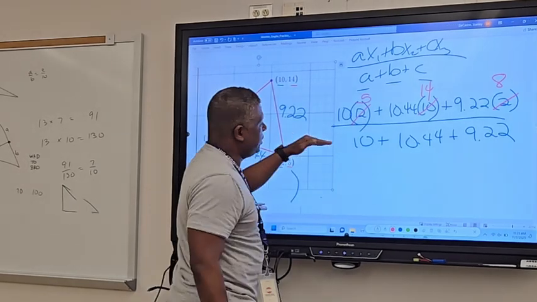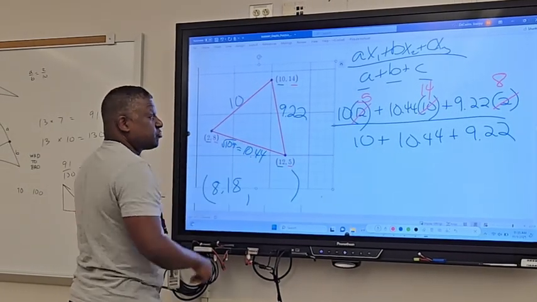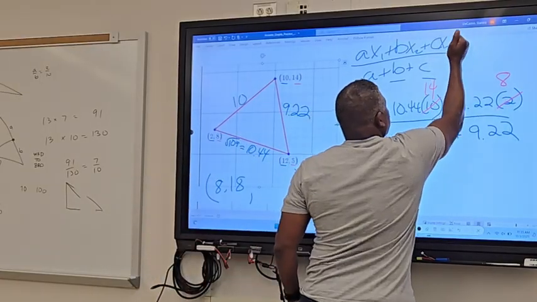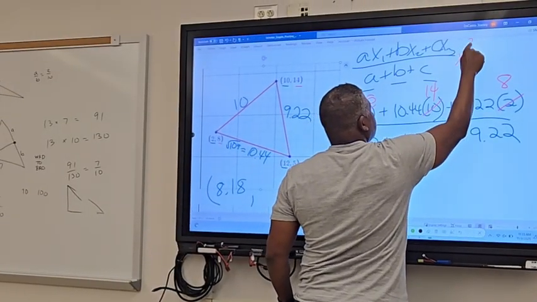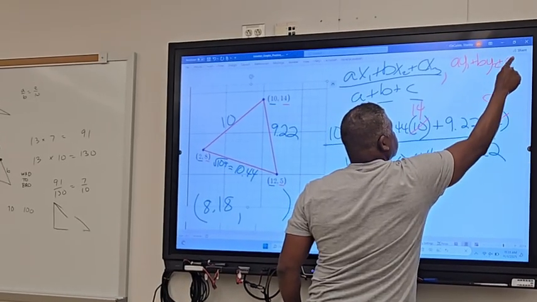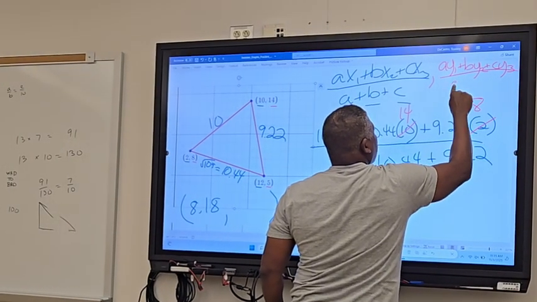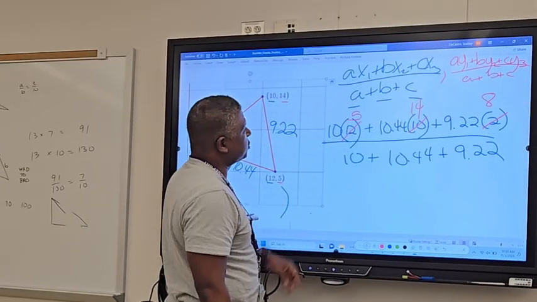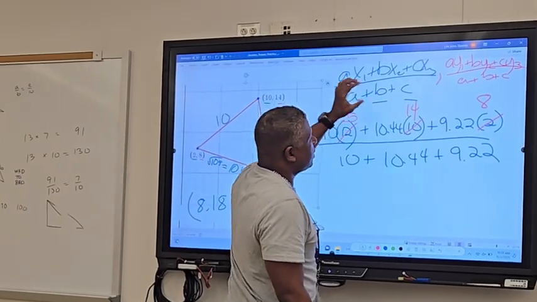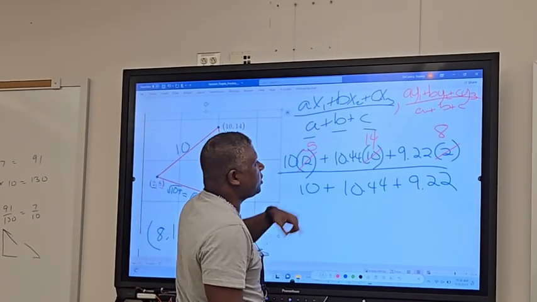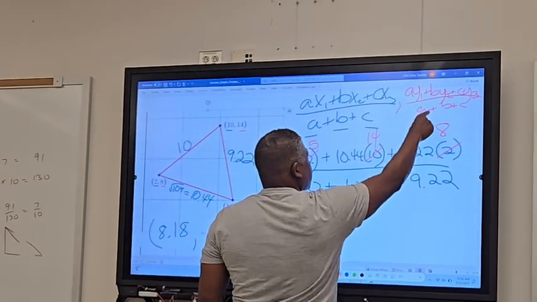And the perimeter is the same numbers. A, B, and C do not change. So the y value of your incenter is going to be a y1 plus b y2 plus c y3 over a plus b plus c. The only thing changing between the x coordinate and the y coordinate of your incenter is that x1, x2, x3 changes to y1, y2, y3.